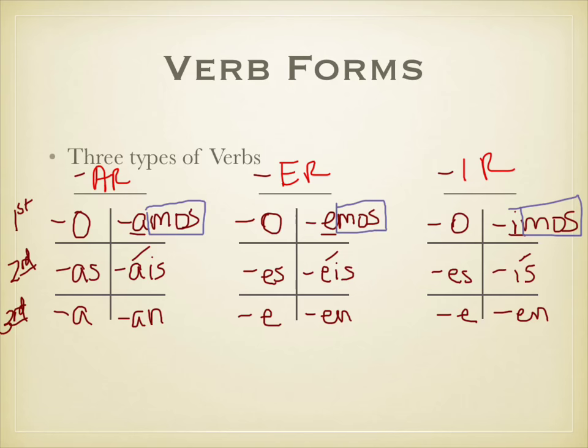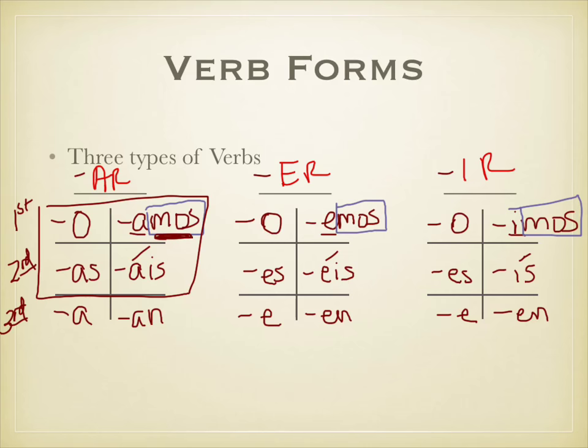You have to be specific as to who's doing the action. Whereas the ones up here, it's not necessary. But for our purposes, so we know that nosotros goes with amos, yo goes with o, tú goes with as, you're going to be required to write those, just so you can get in the habit of using it. But is it necessary that you always use them? Not necessarily, because it's implied in the ending right there.